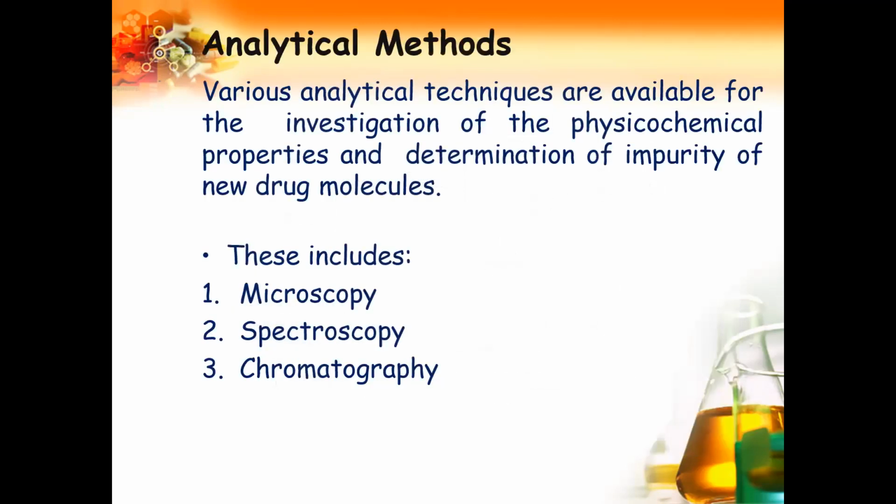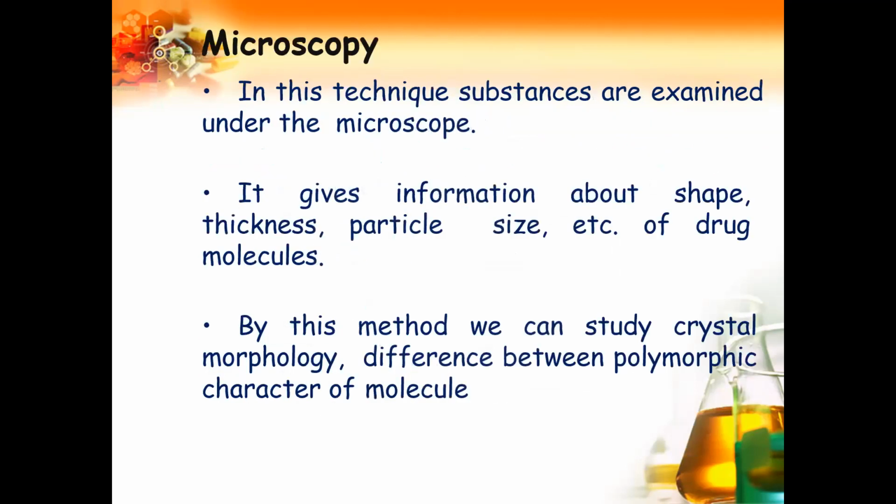Now, after studying all aspects of preformulation, we should know some analytical methods which are generally used to study physicochemical properties, such as microscopy, spectroscopy, and chromatography. These techniques help us know how to measure a physicochemical property and how it will affect the drug during formulation development.